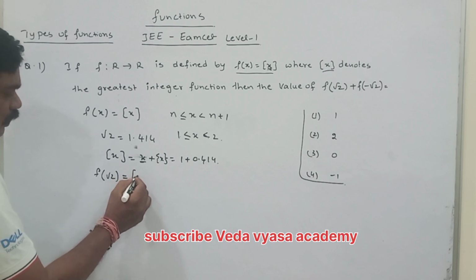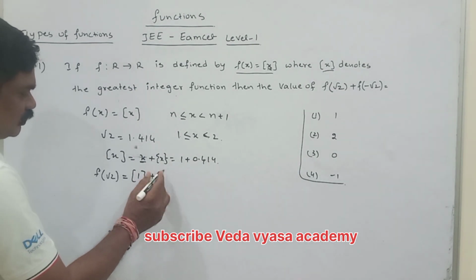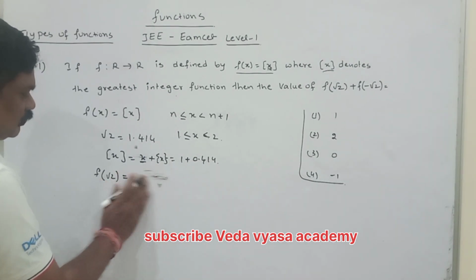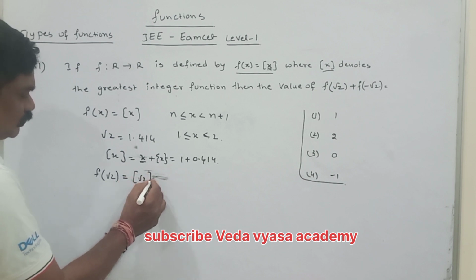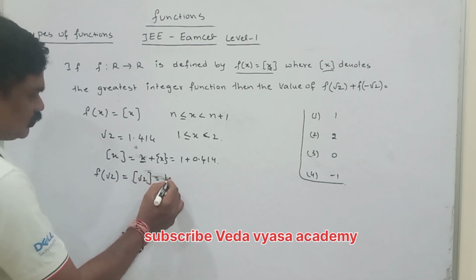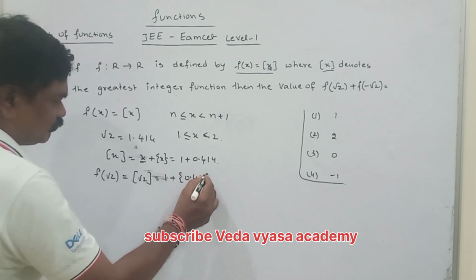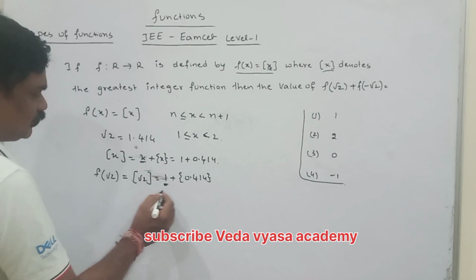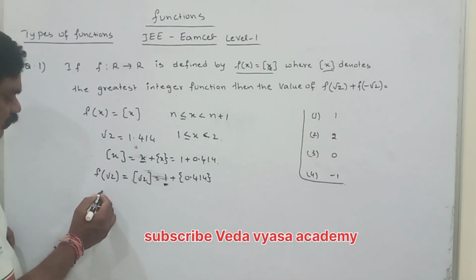Step of 1 plus fractional part of root 2 is equal to 1 plus step of 0.414, so the value is taken as 1. Here this value is 1.